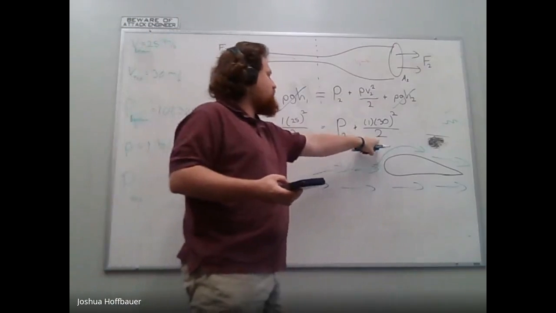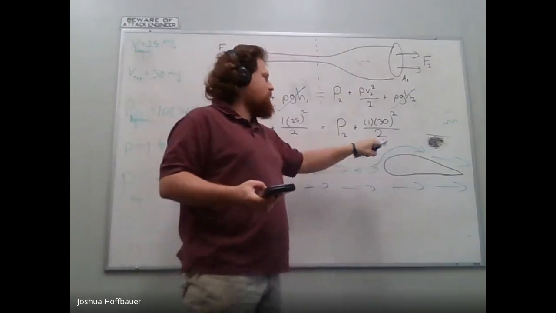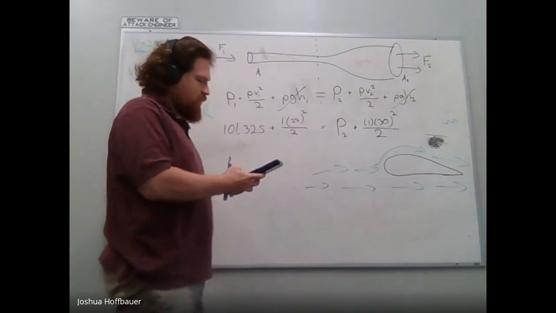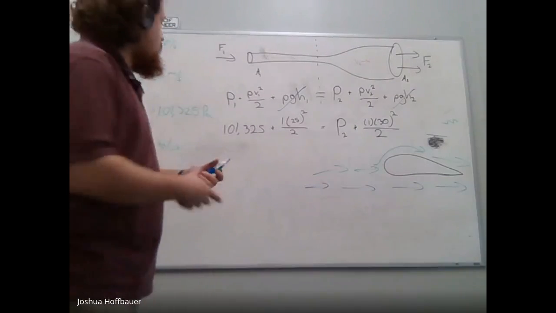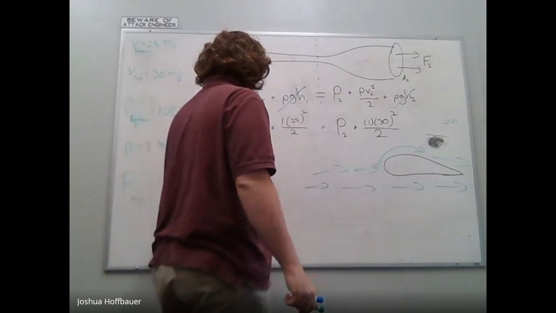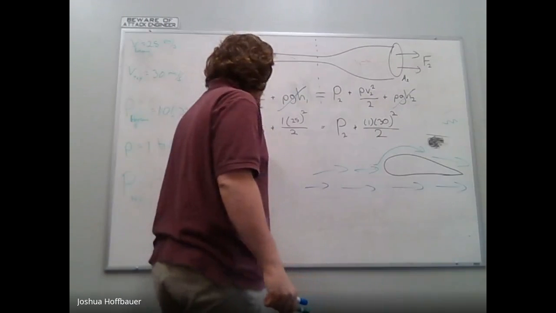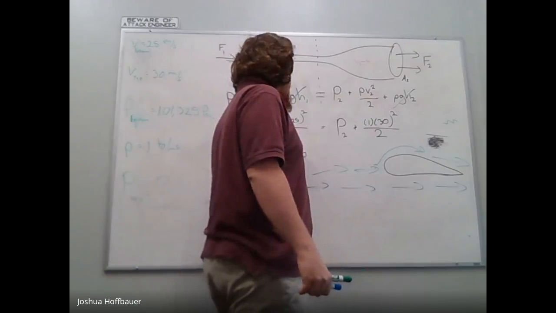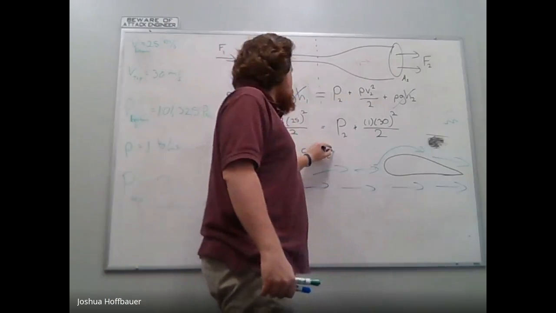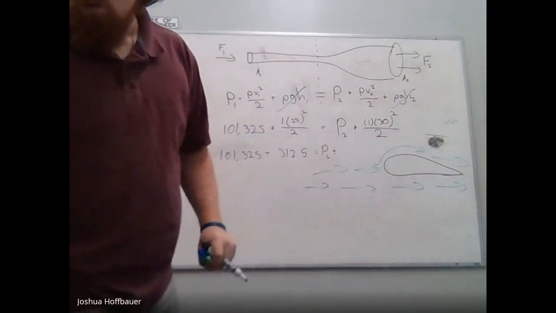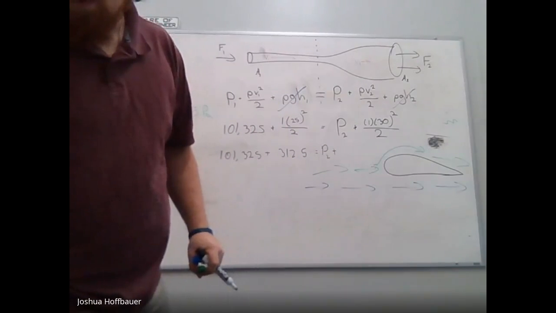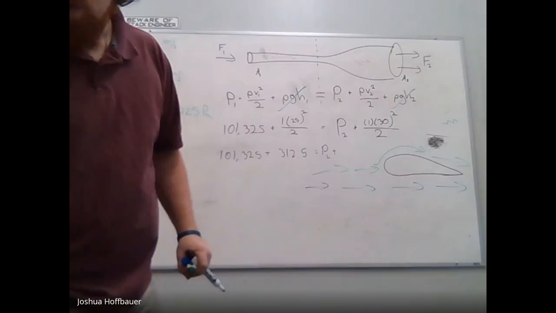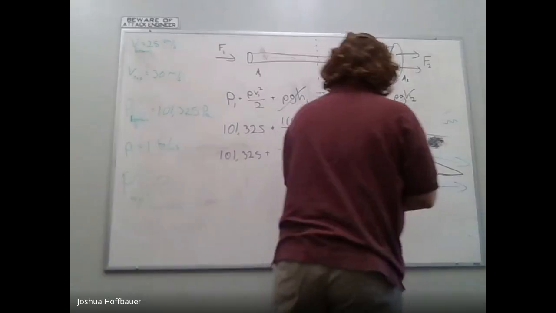We're going to take the two velocity terms and turn them into single numbers to help us solve for P2. 1 times 25 squared divided by 2 is 312.5, equals P2 plus 1 times 30 squared divided by 2, which is 450.